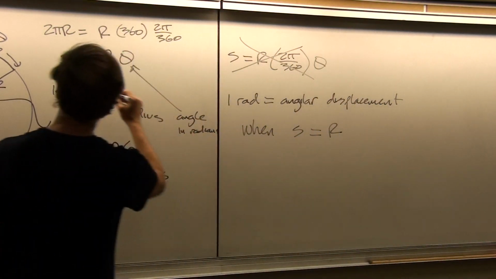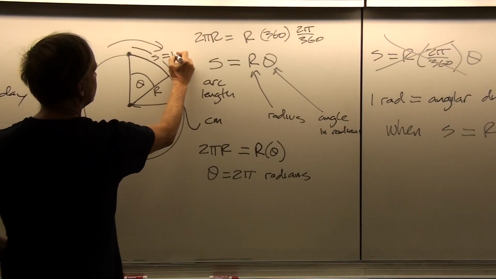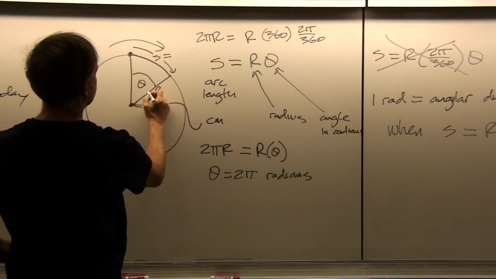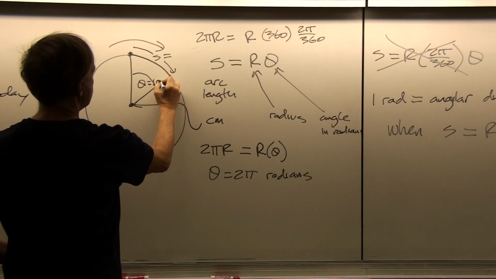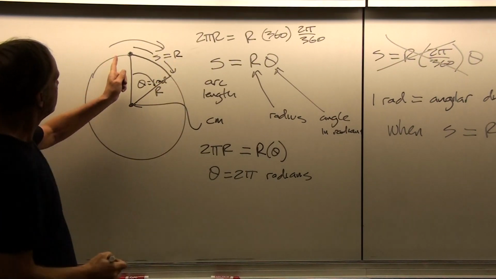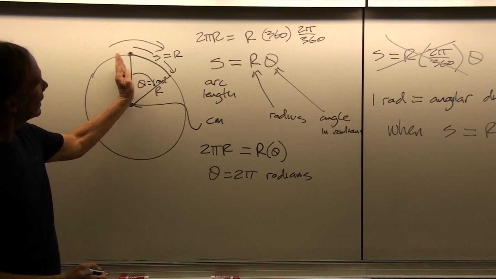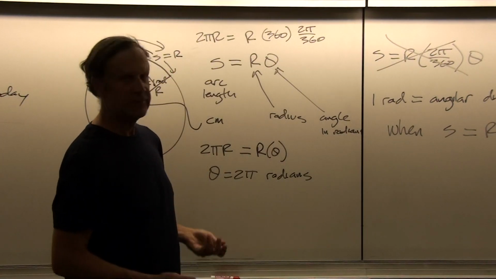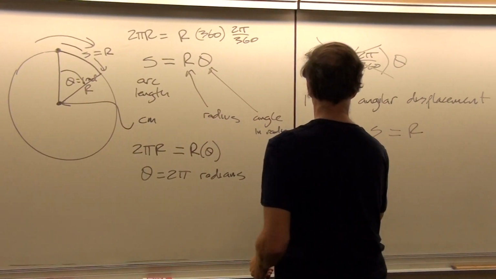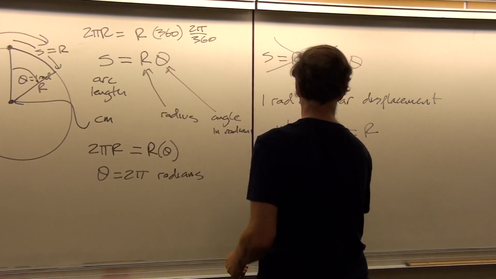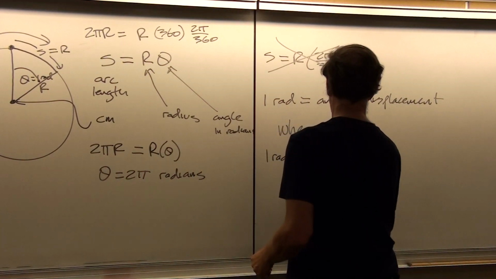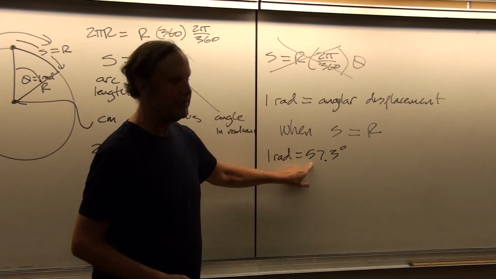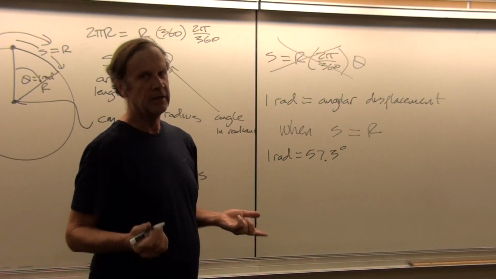So when the theta value is equal to 1 radian, the s value is equal to r. So when s equals r, then theta equals 1 radian. Okay, so how much is that? Well, 1 radian equals 57.3 degrees. Okay, and so if you take 57.3 and multiply that by 2 pi, you get 360.